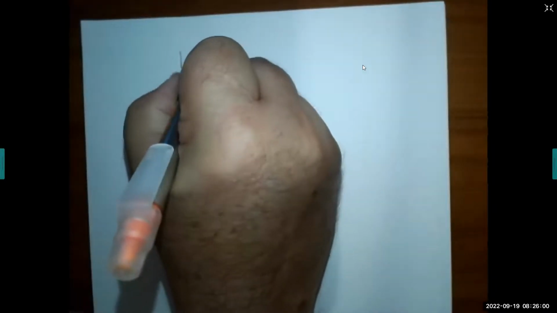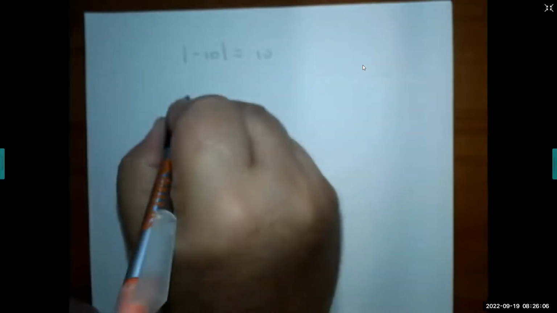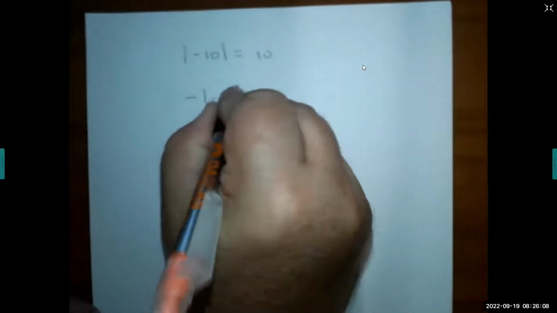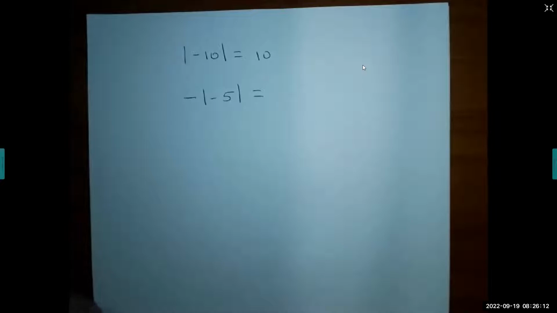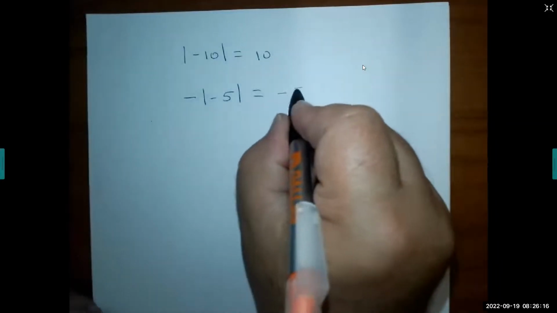Let's look at some other absolute values. What's that going to be? Why?